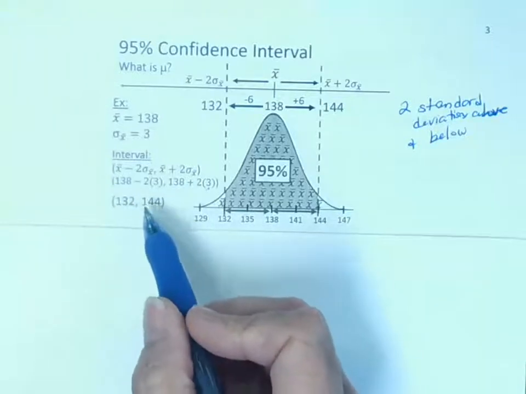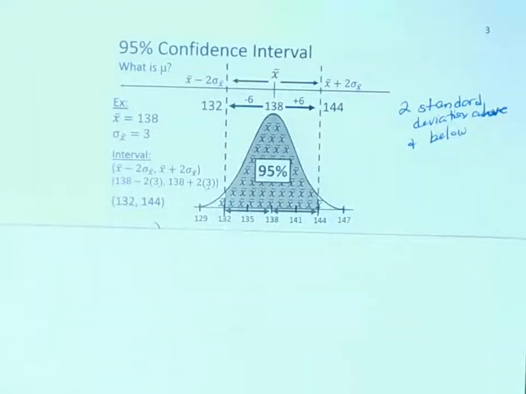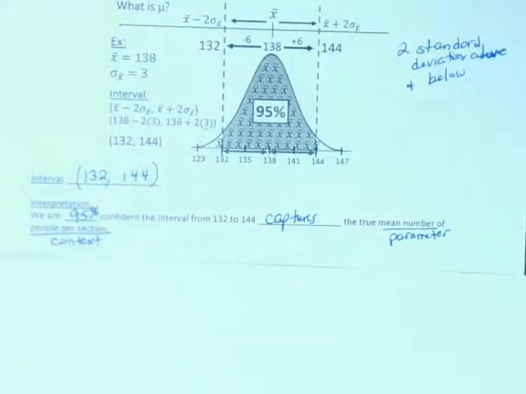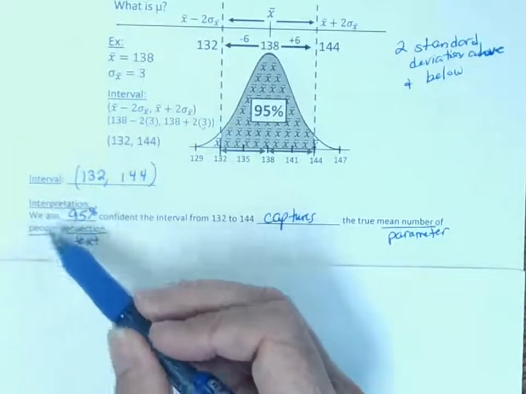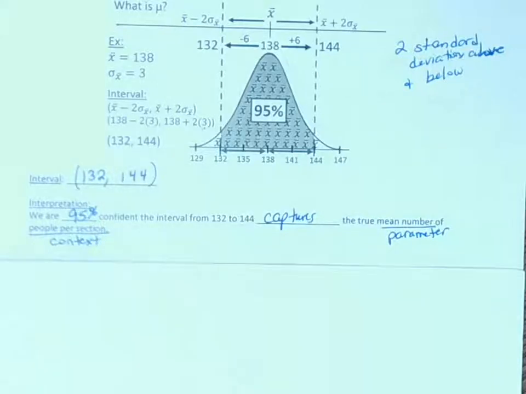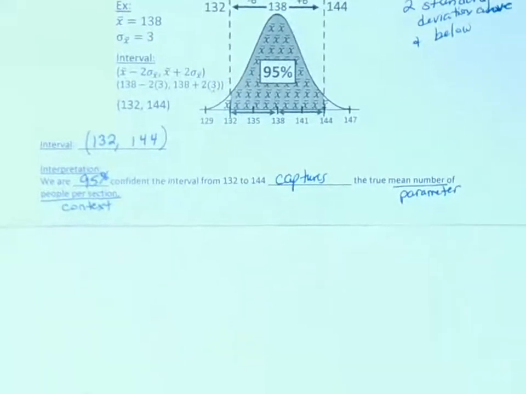Now we need to know, how do we interpret this? There is a way we will interpret this, and make sure you write this down and highlight it. This is something you will use over and over again going forward.